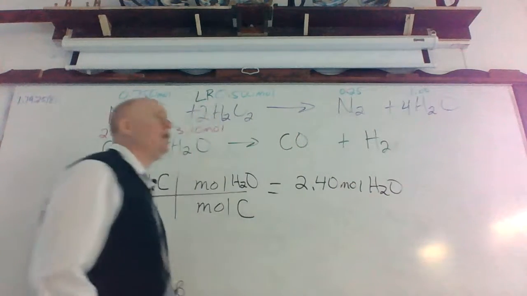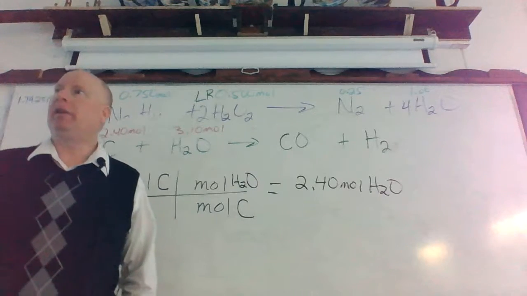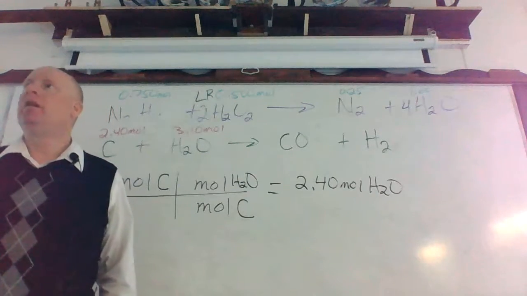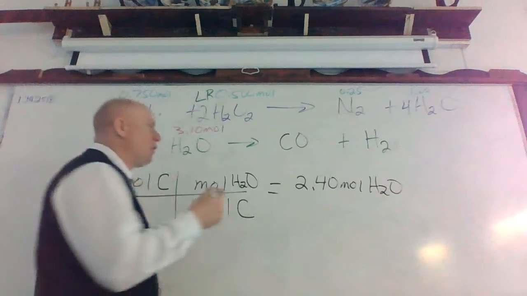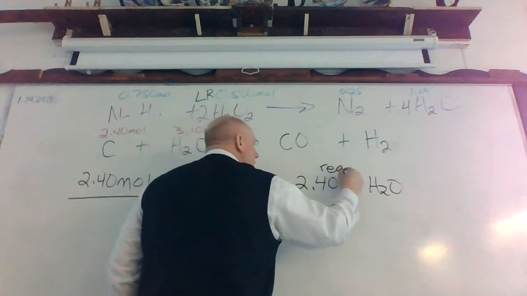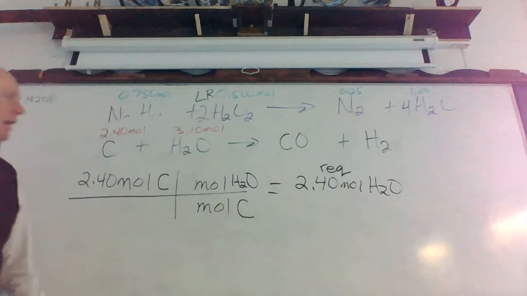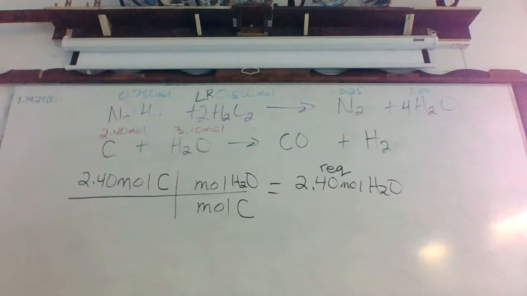And what did we write above that? Three letters: REQ, required. Okay? So we need 2.40 mole of water. How much water do we start with? 3.10. So do we have enough water?